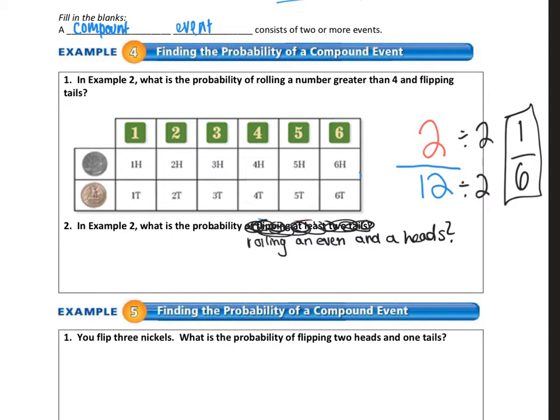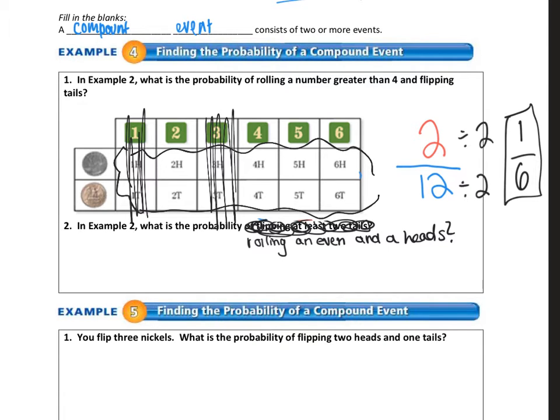Okay, I changed our next question on us. Number 2 says, in example 2, what is the probability of rolling an even and a heads? Okay, so it's really nice again to have this sample space all laid out so you can look at all the different options. Okay, so you can only roll an even, so I'm just going to get rid of all of the odd numbers. And you can only flip a head, so I'm going to get rid of all the tails.